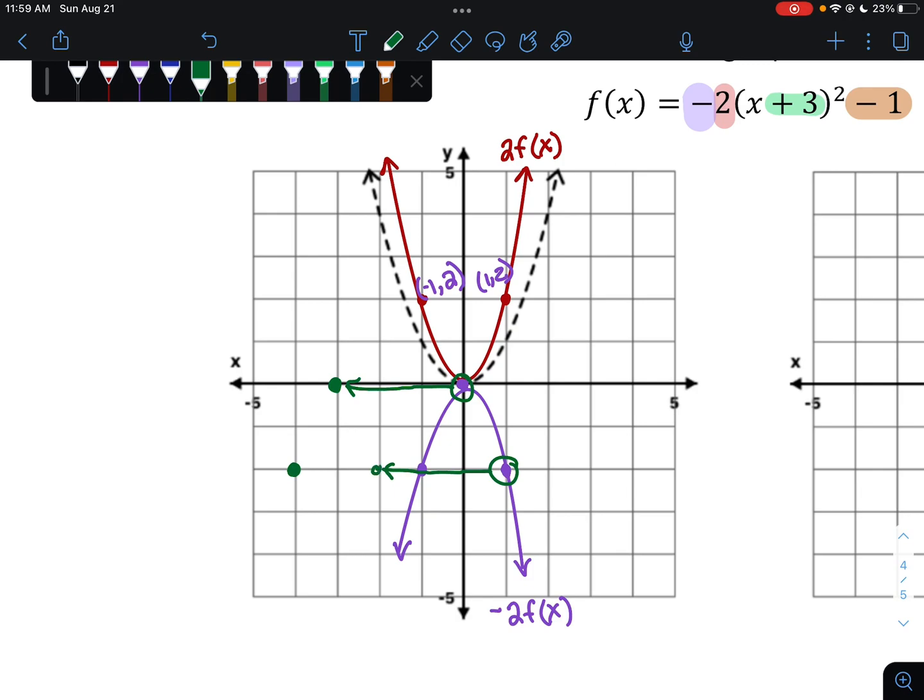So I'm going to have a new point right here. Okay, so that right there represents me moving the graph to the left 3 spaces. So this would be -2 f of x plus 3.